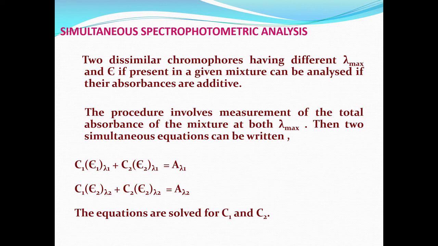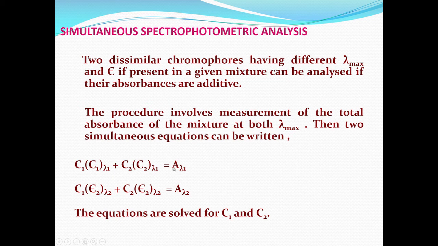What we do normally is we make a measurement of the total absorbance of the mixture at the maximum wavelength absorbance of each complex. Then we set up 2 simultaneous equations. We write the concentration of the first substance, the molar extinction coefficient of the first substance at lambda 1, that is the peak wavelength of the first complex, and then the second element, the molar extinction coefficient of the second element, but its absorbance at lambda 1.